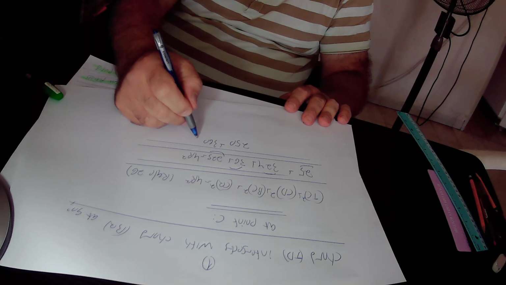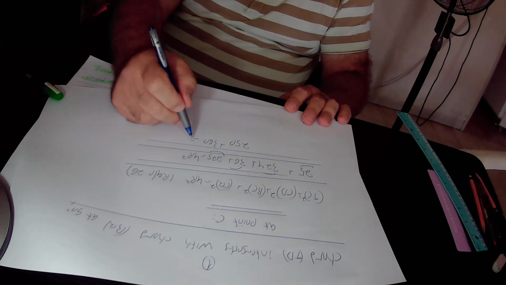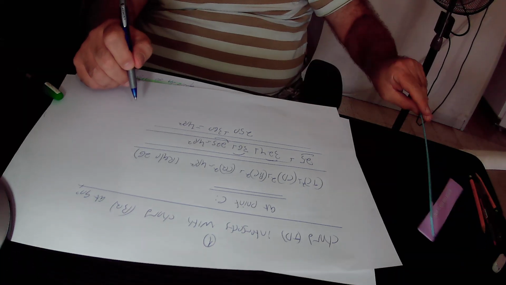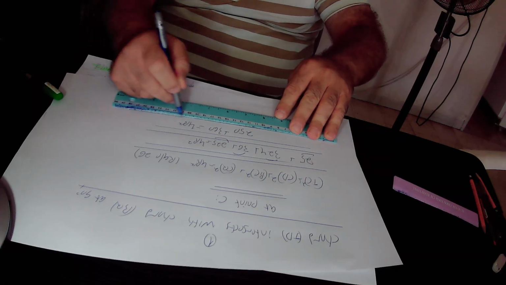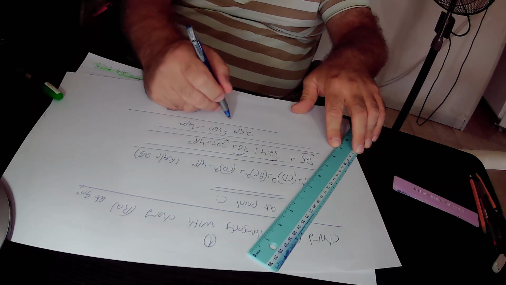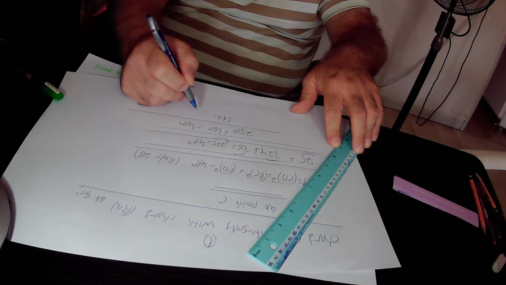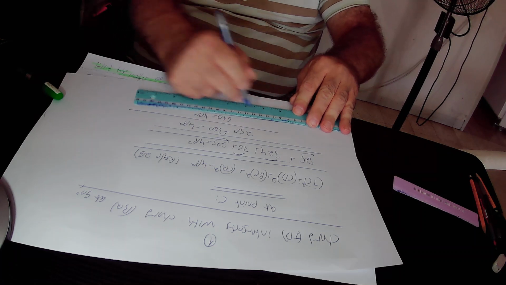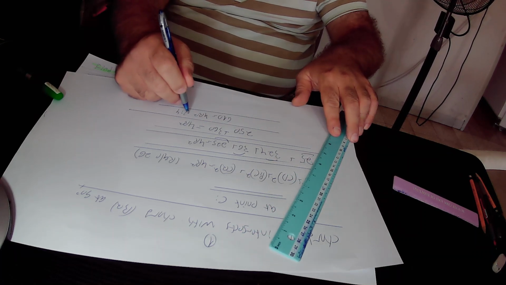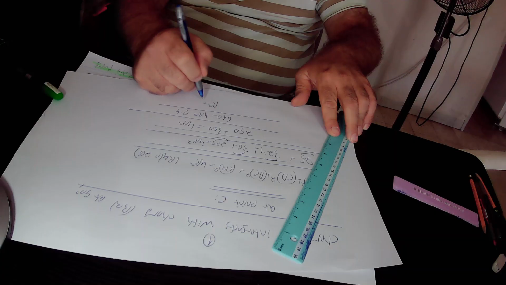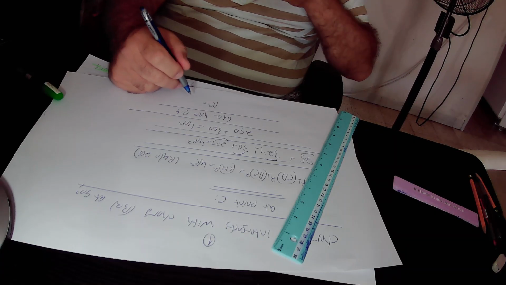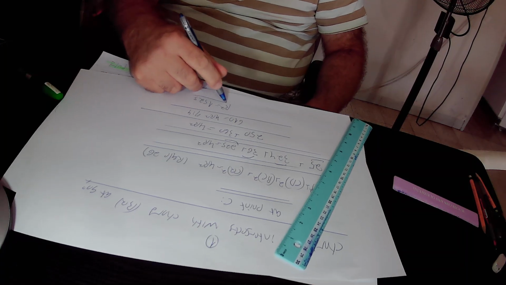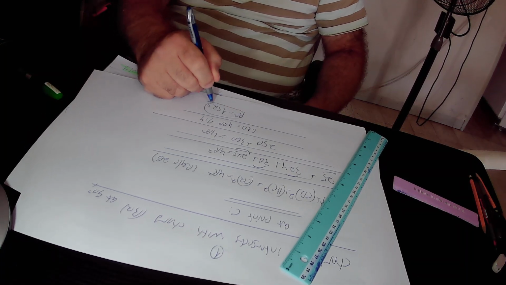So 250 plus 360 equals 4R squared. 250 plus 360 is 610, so 610 equals 4R squared. Here we divide this equation by 4, finding that R squared equals 610 over 4, which is 152.5. So R squared equals 152.5.